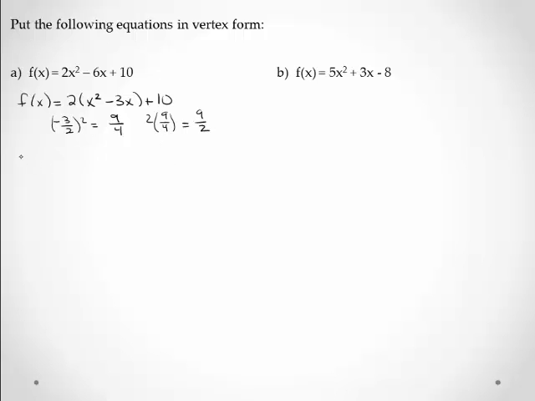So I'm going to add 9/4 inside the parentheses and subtract 9/2 outside of the parentheses. So this gives me 2 times (x minus 3/2) squared. Now 10 is the same thing as 20/2, so 20 and -9 gives me 11/2.